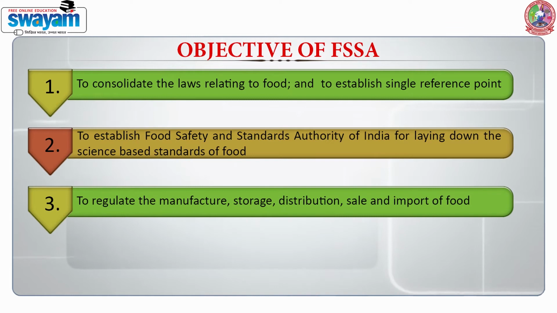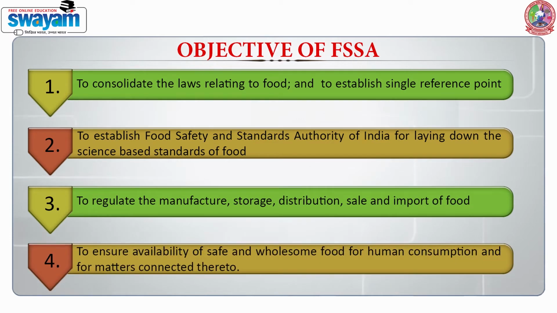The third was to regulate the manufacture, storage, distribution, sale and import of food. And the fourth one was to ensure availability of safe and wholesome food for human consumption and for matters connected with it.